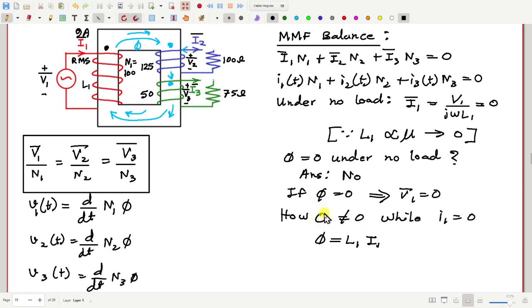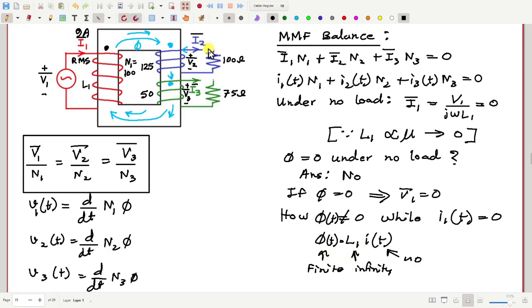Or let me write in functional form, either is okay. So phi(t) is L1 times i(t). Now L1 tends to infinity, I tends to 0, phi need not be 0. The product of a very large number and a small number can be a finite number. So this is finite, this is tending to infinity, and this is close to 0. So that's okay. Phi is not 0, but current is 0. This is under no load.